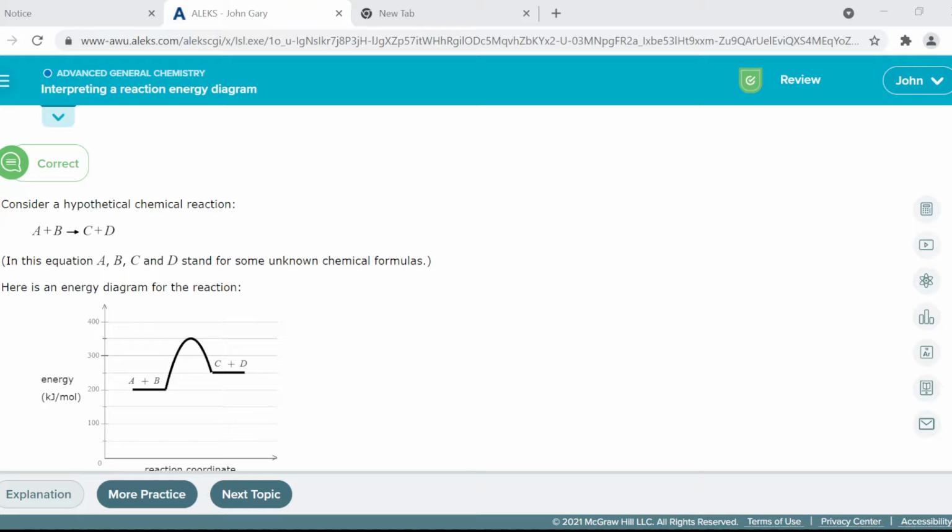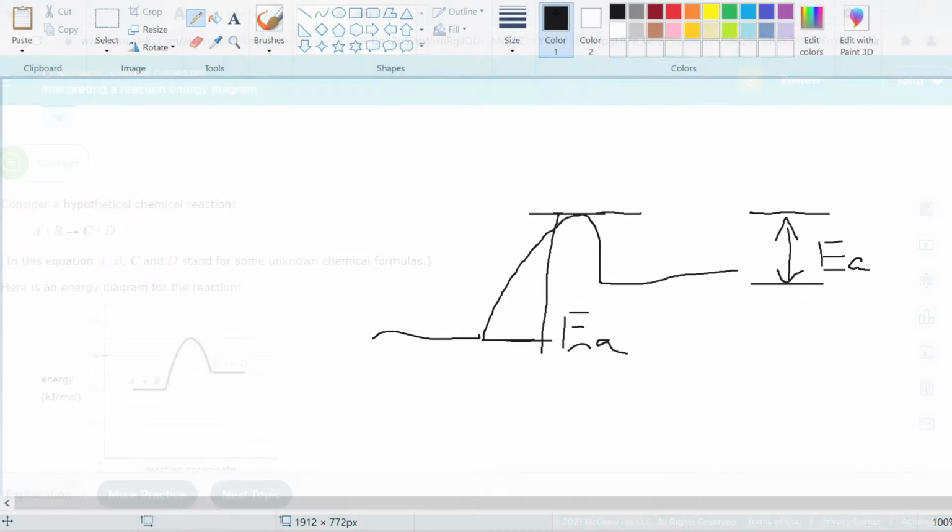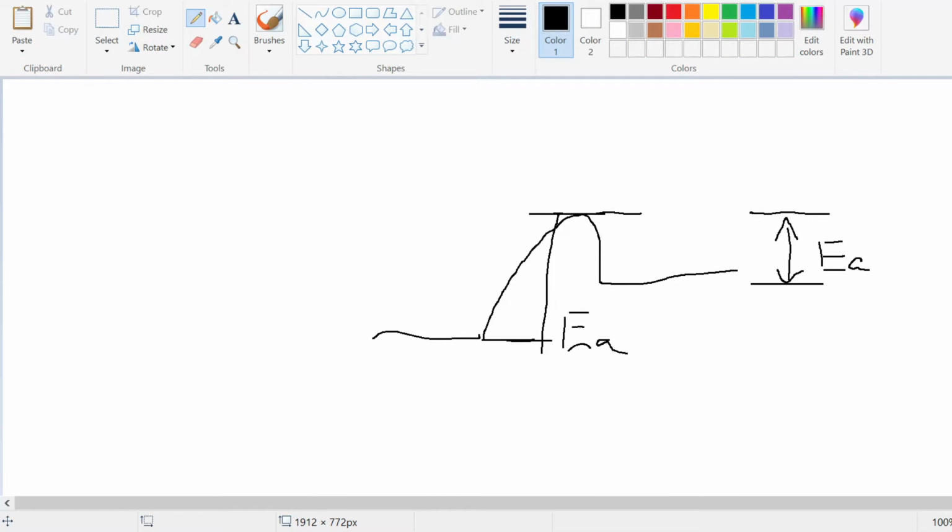So these problems are not as bad. I think a lot of people just got hung up on what activation energy means and where to read it from. The overall energy of the reaction is the difference between A plus B right here and the final energy, which will be C plus D on this side.